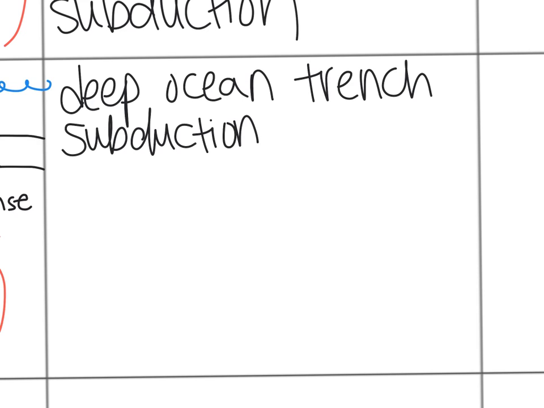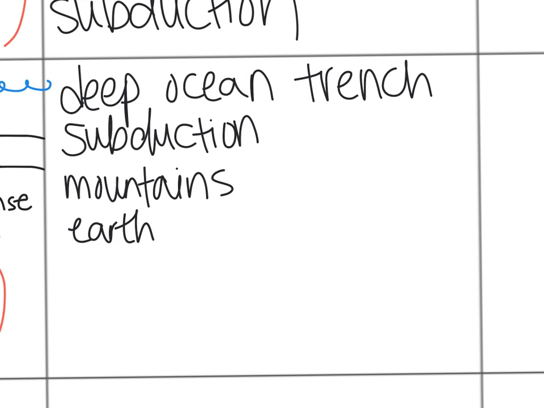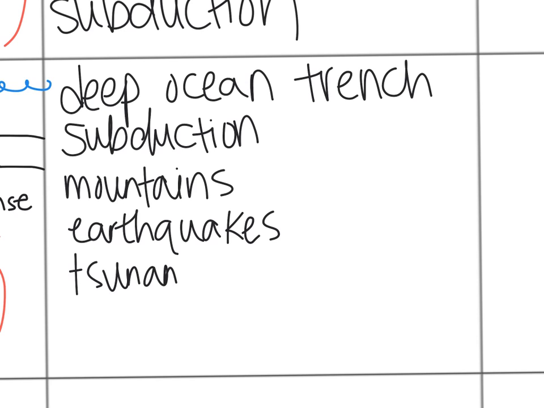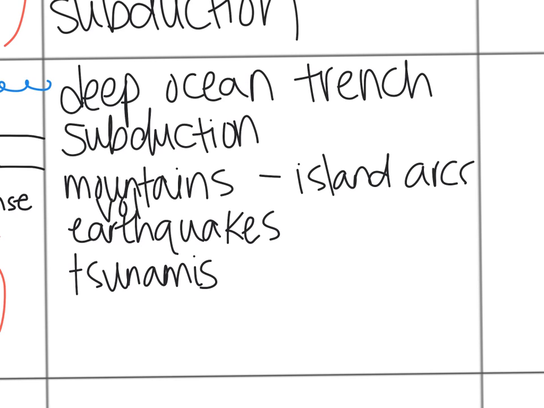We have mountains maybe on the top edge of where the plates are hitting, probably pretty small. We have earthquakes, and because of those earthquakes, we probably have some pretty big tsunamis that are happening there. And the mountains are creating island arcs. Let's say mountains and volcanoes are both creating those island arcs.